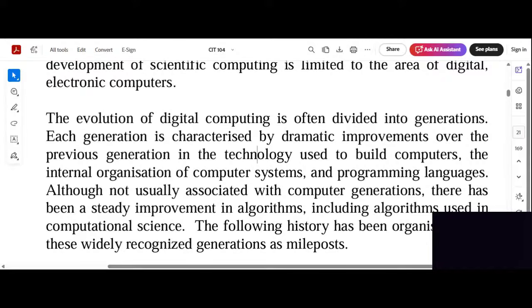Now, each generation is characterized by dramatic improvement over the previous generation in the technology used to build computers. Why do we have first generation, second generation, third generation? Is because the first generation they built, they find a lot of lapses and improvement that are needed.